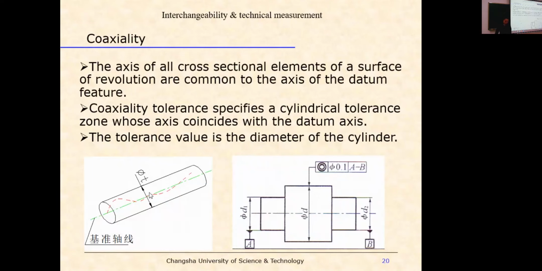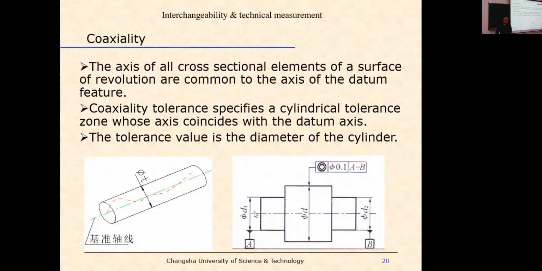Like this one, this is its axis, right? So it's cylindrical. This arrow is in line with the dimension line, so it describes this axis. This axis is coaxial to this datum, A to B. A also means this axis.